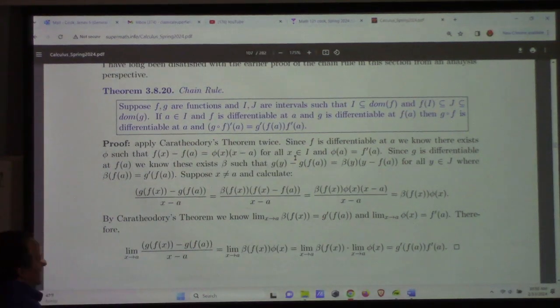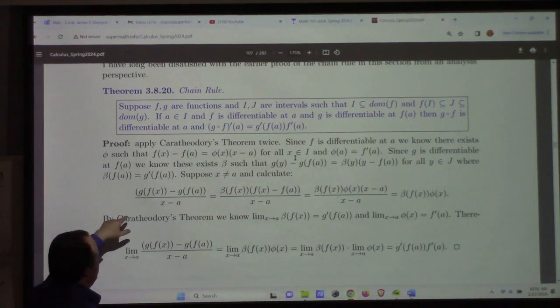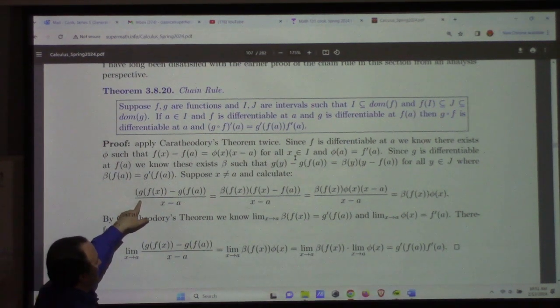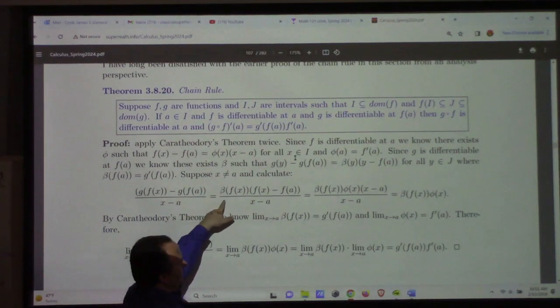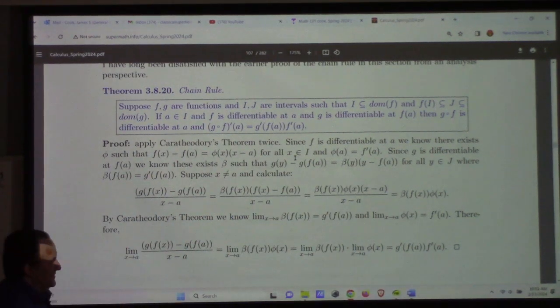And then I argue that the composite of their Carathéodory functions serves as a Carathéodory function for the composite. Anyway, I'm able to calculate the difference quotient of the composite explicitly using those Carathéodory functions, and just using basically the composite limit law. This is a completely rigorous proof of the chain rule if you care about this kind of thing.